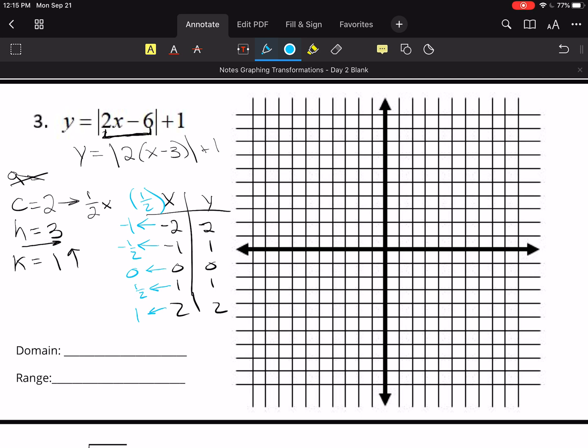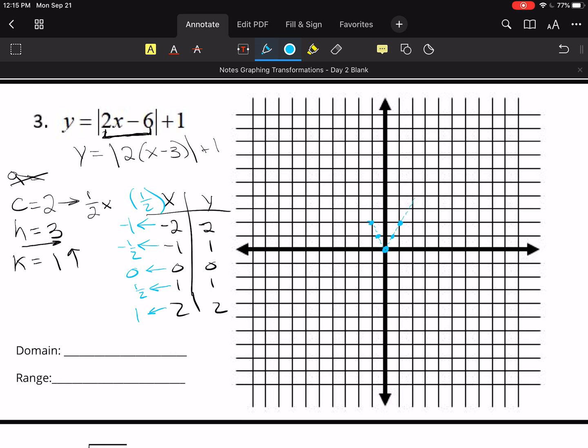So we can just jump right into graphing this. So I have 0, 0, 1/2, 1, -1, 2, -1/2, 1, and -1, 2.